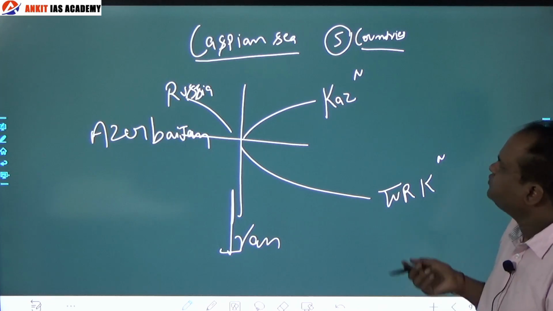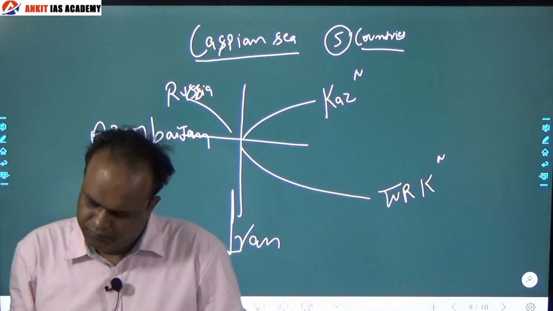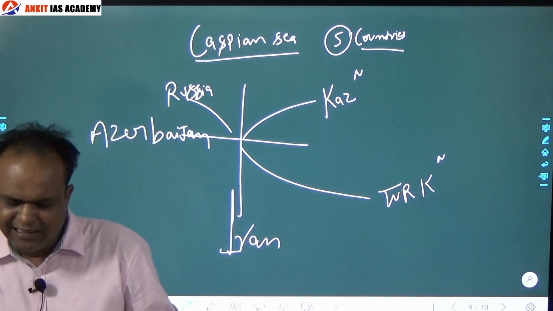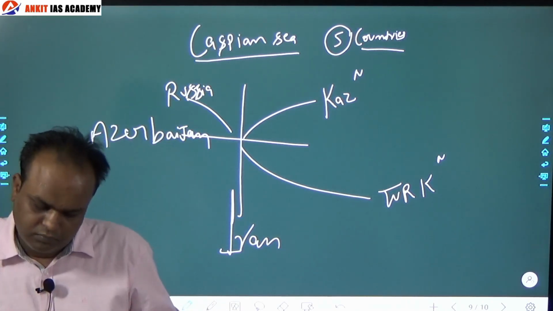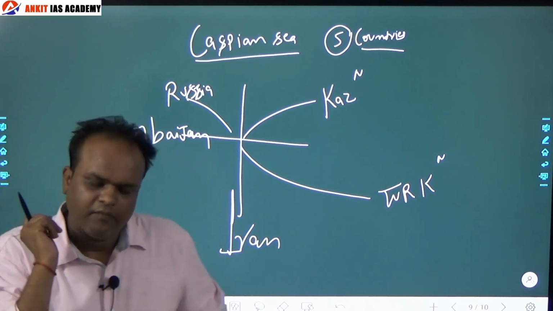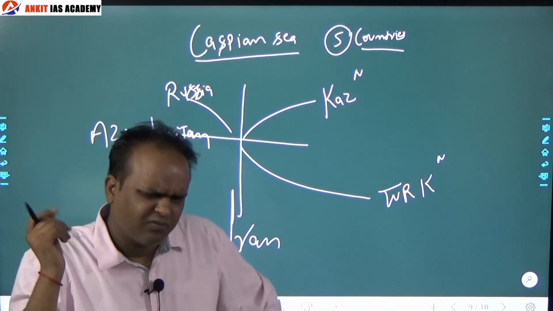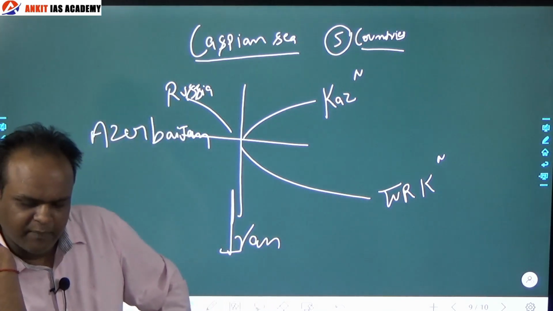Just remember, Caspian Sea is the largest lake of the world, which is located between Europe and Asia. Just note, Caspian Sea is located between Europe and Asia.